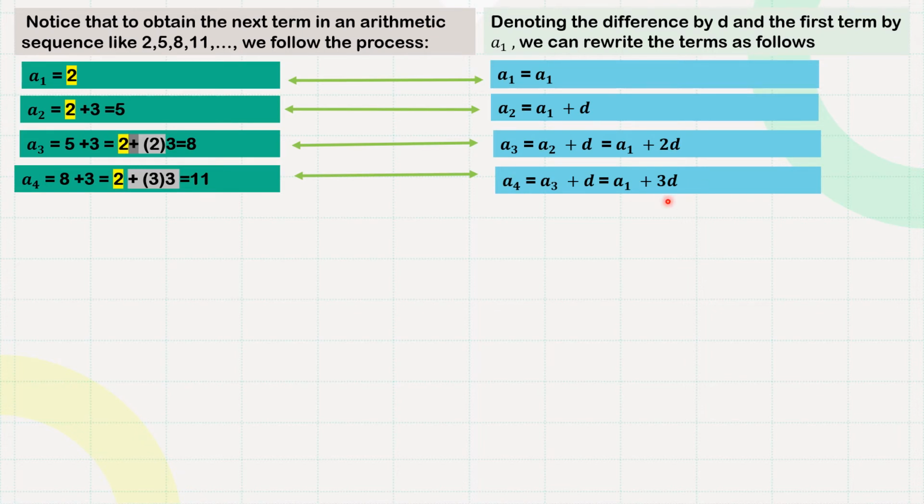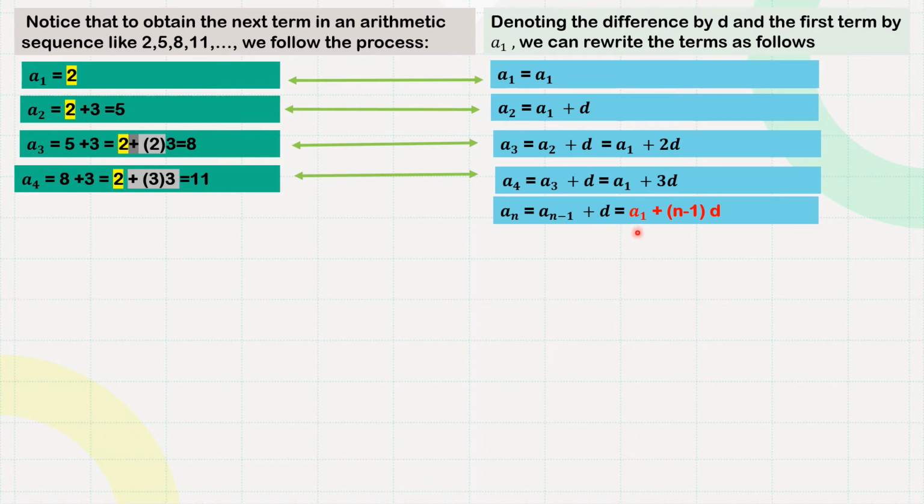So, ngayon, paano yung a sub n? Pag a sub n, hindi natin alam kung pang ilang term. Basta kung pang ilang term yan, a sub n minus 1, di ba? Kapareho dito, nag-minus 1, kasi ito yung 4, tapos dito ay 3. Plus d.